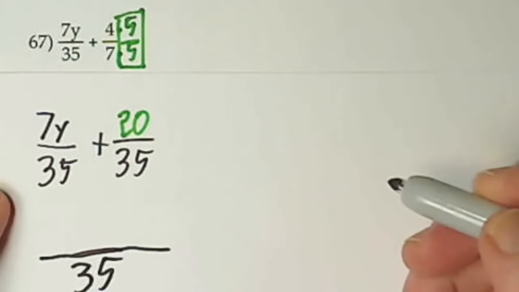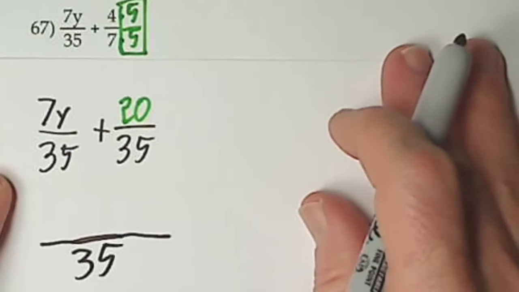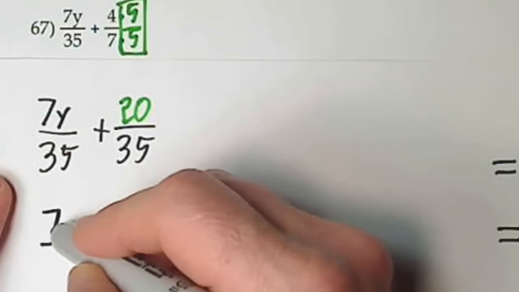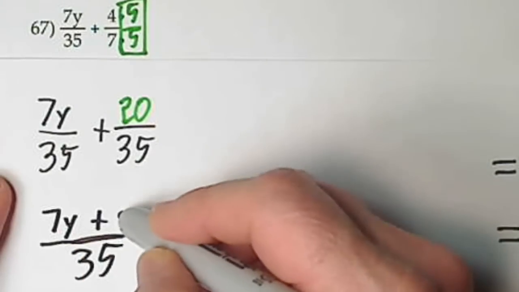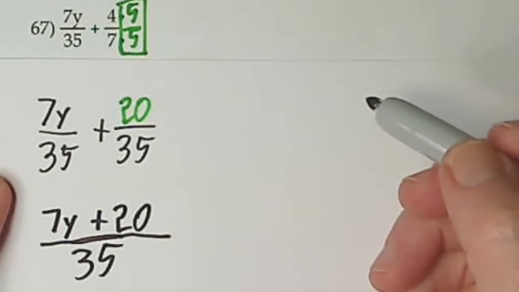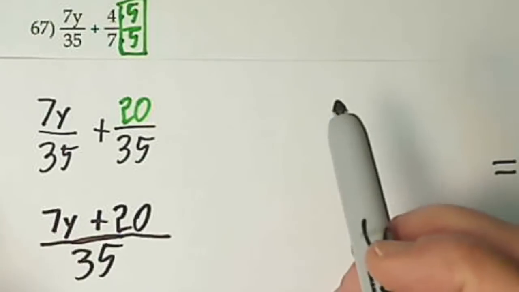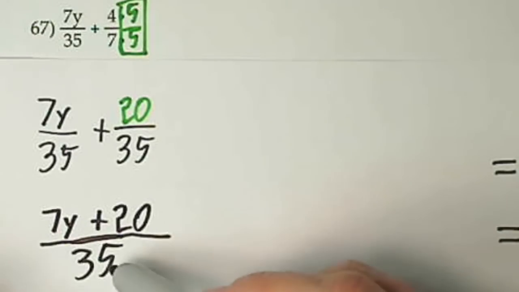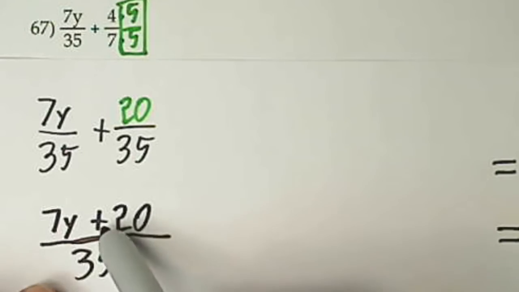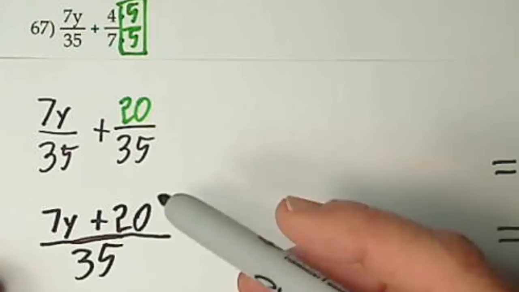Going to have to make that longer. And our numerator is 7y plus 20. I cannot combine them because they're not like terms. And I can't cancel because terms up top are being added or subtracted.